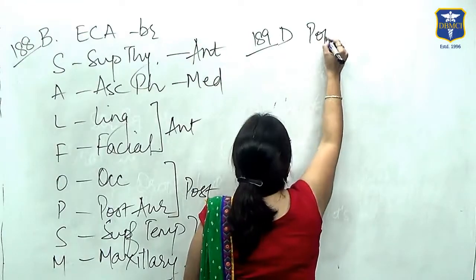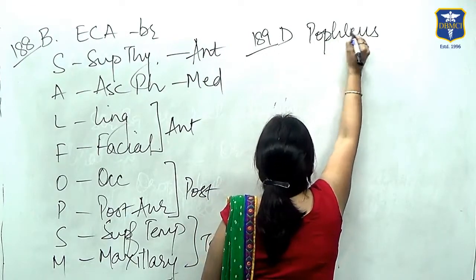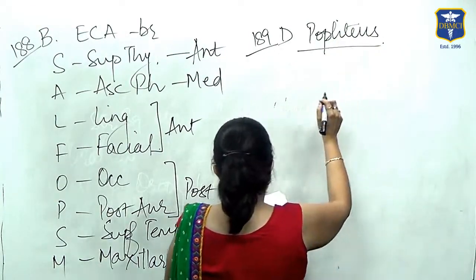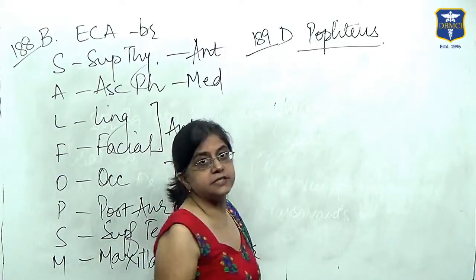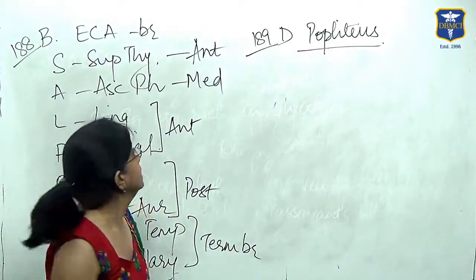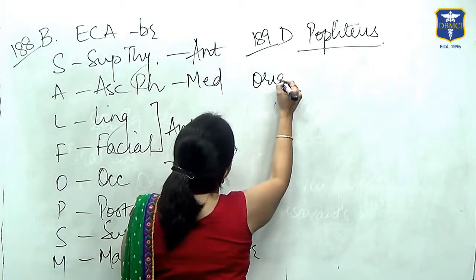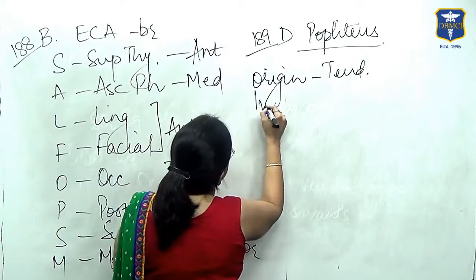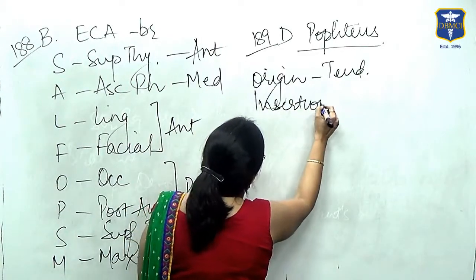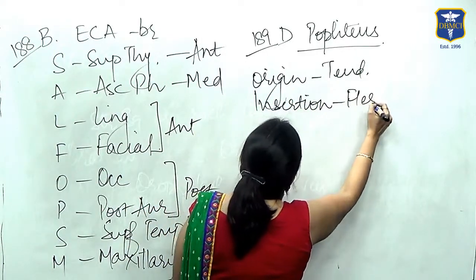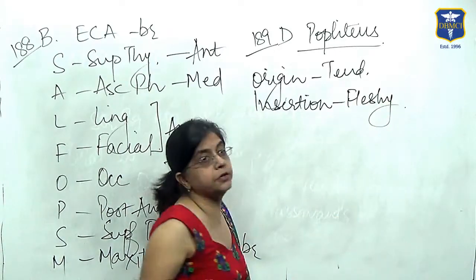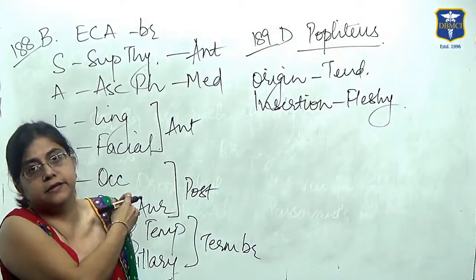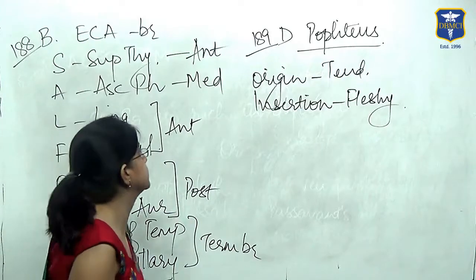Popliteus is a flat triangular muscle whose origin is tendinous and insertion is fleshy, unlike other muscles where the origin is fleshy and the insertion is tendinous.